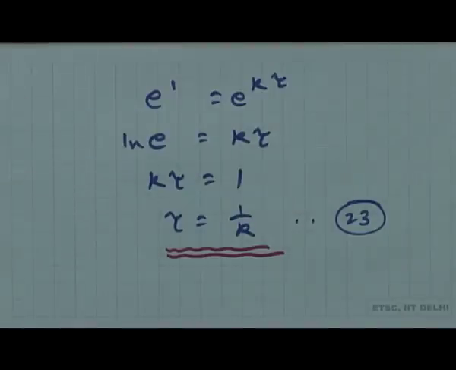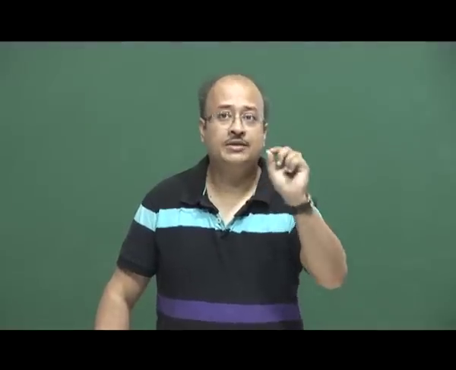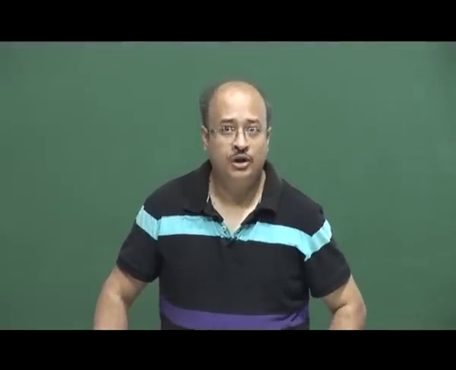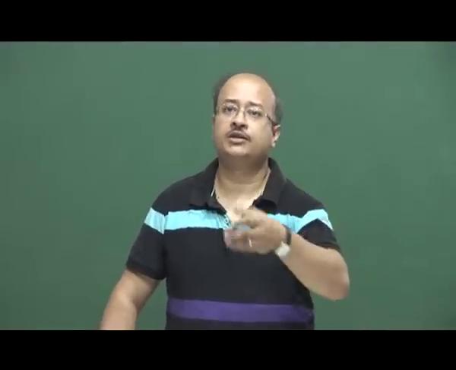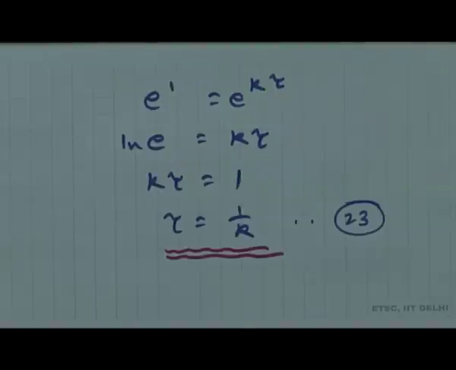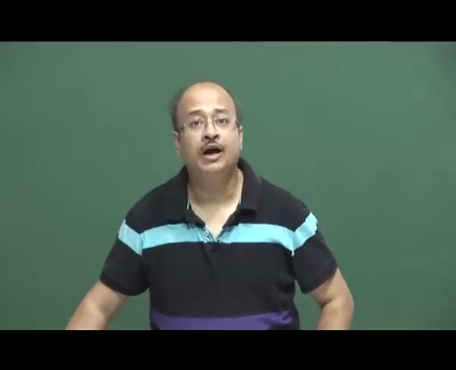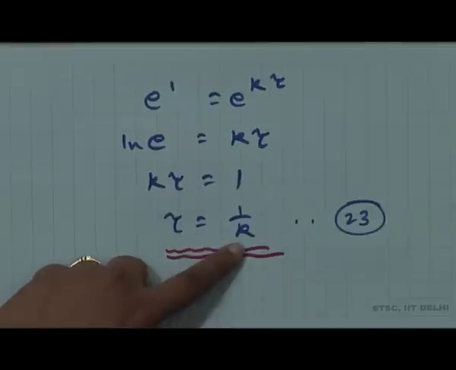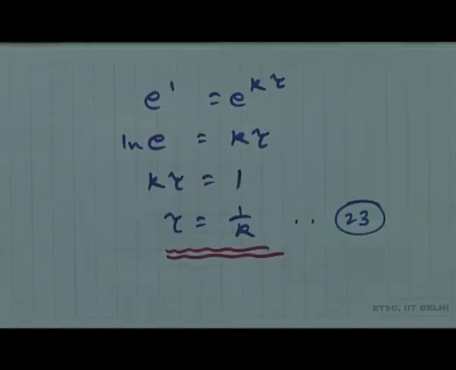Tau has units of time, whether minutes, seconds, hours, and so on. For a first order reaction, k has the units of inverse of time, so it makes sense that tau is equal to 1 by k even in terms of units. The inverse of k would be your units of time.